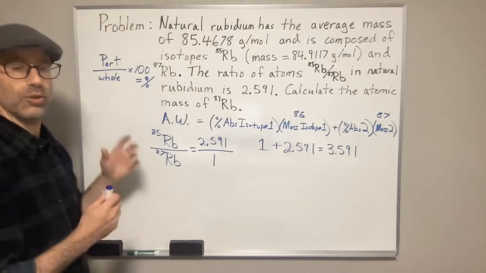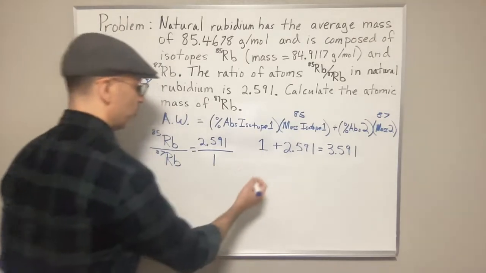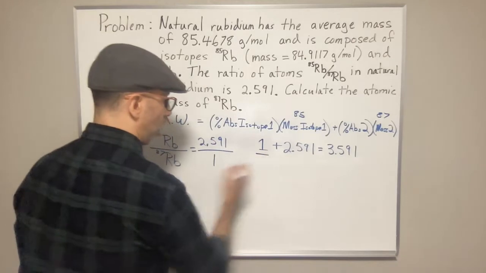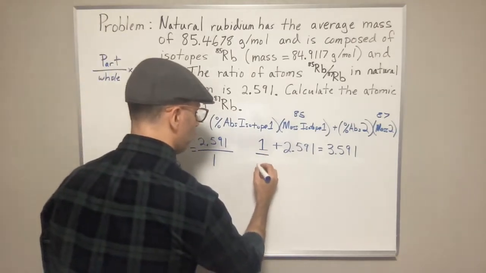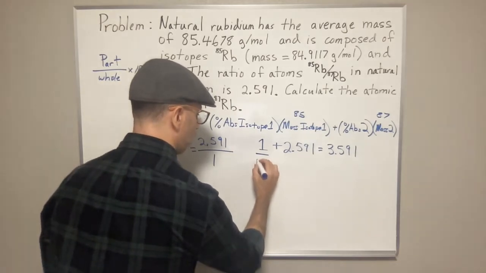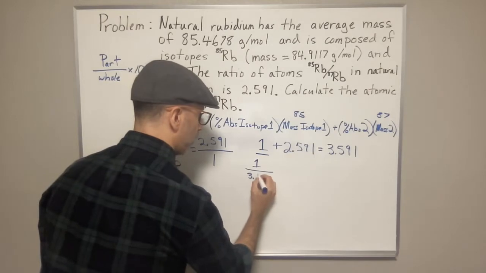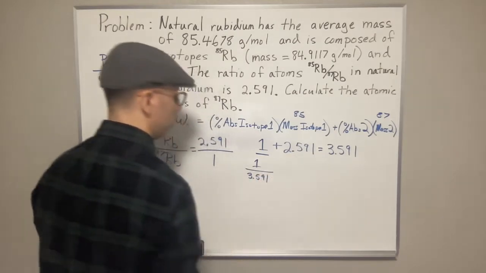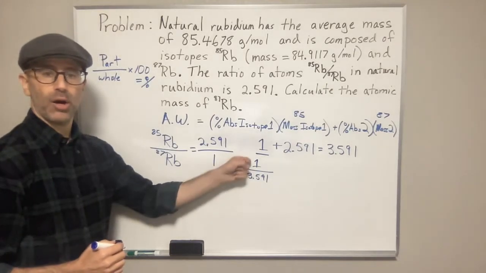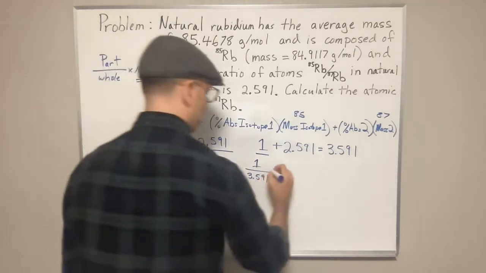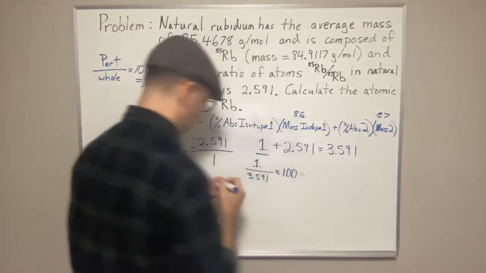So now we can use this to find a percent abundance. Here, this is our rubidium-87. So the rubidium-87 would be the part, that's 1. Now the whole is 3.591. And so that would be the fraction, part over whole. Now all we need to do is multiply that by 100 and we get our percentage.